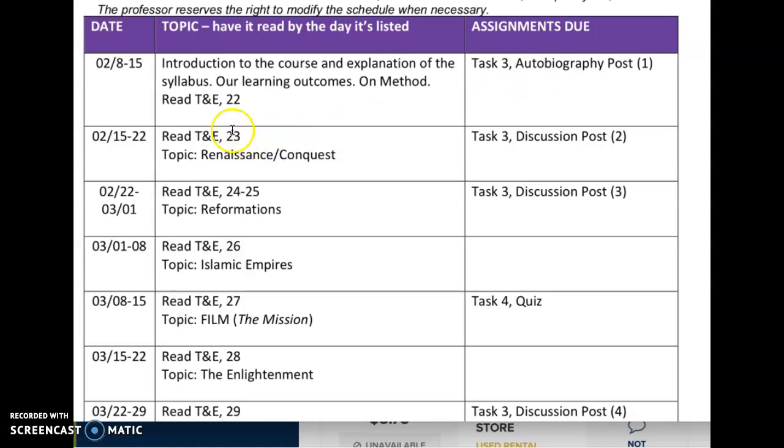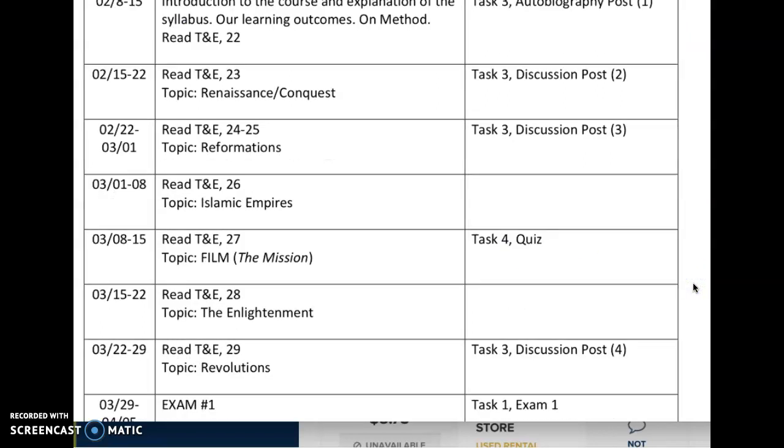So the second week, same thing. By the 21st, 22nd, you want to have chapter 23 read, and you want to have the discussion post posted. All assignments are due on a Sunday night, so you'll see that as the semester rolls around. And you can also see what I was talking about: some weeks where I won't have a discussion post due. I'll give you a little break, the opportunity to either catch up on the reading, get ready for an exam, write the paper, that kind of stuff.